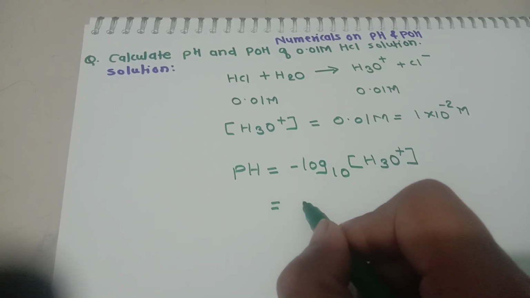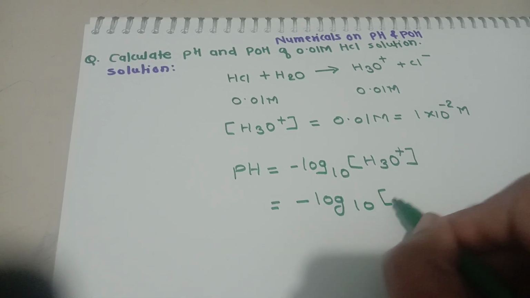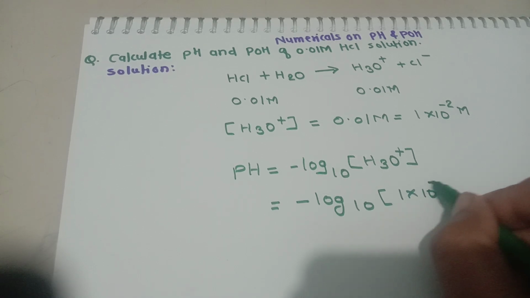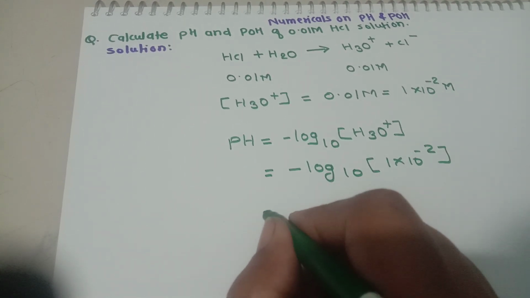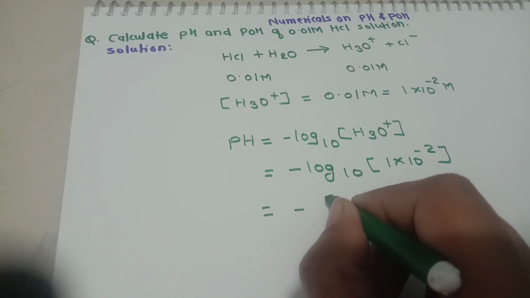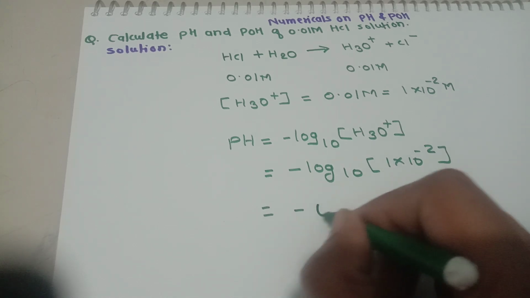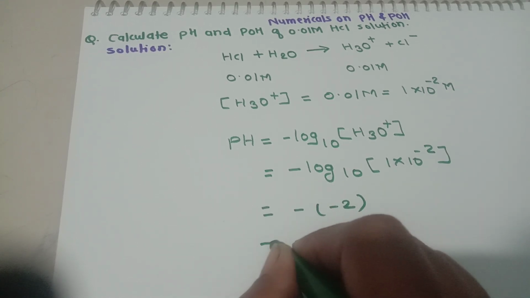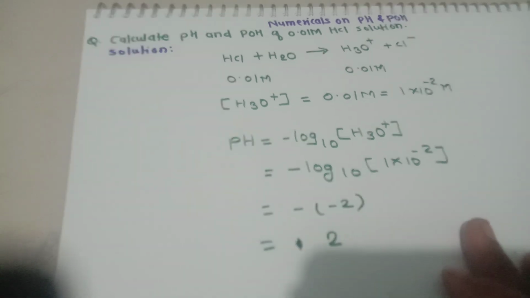So by putting the value of hydronium ion concentration, by solving this we get minus log to the base 10, 1 into 10 raised to power minus 2 is minus 2. So the pH is equal to plus 2.